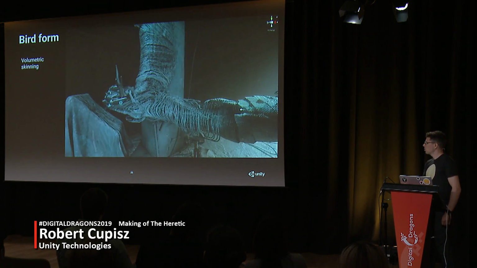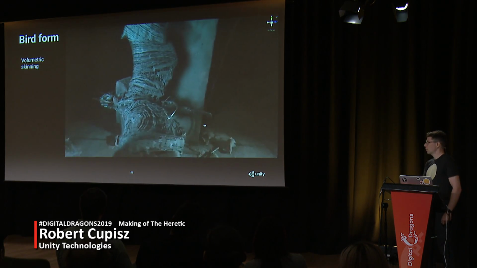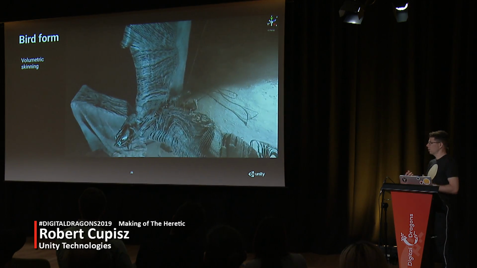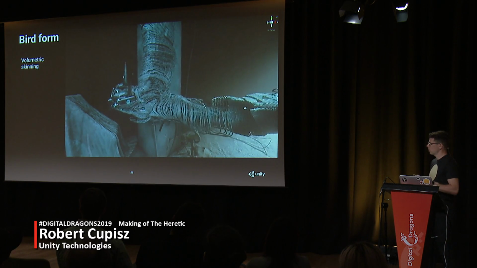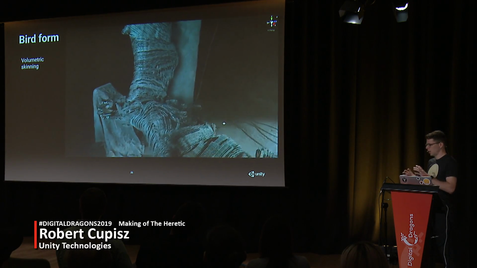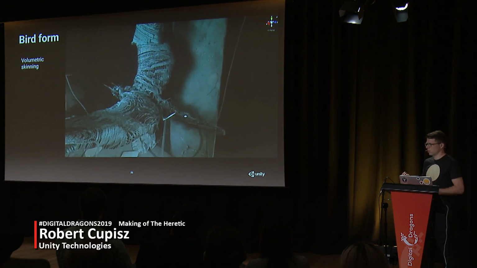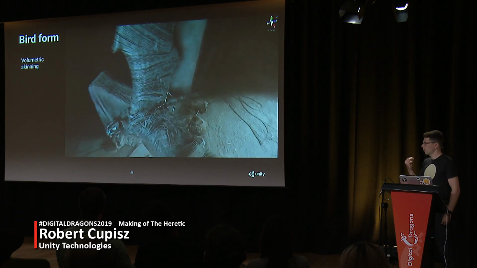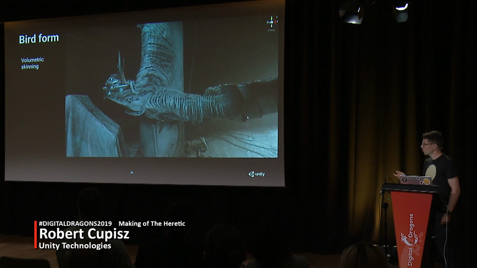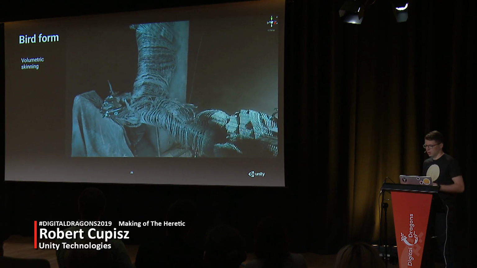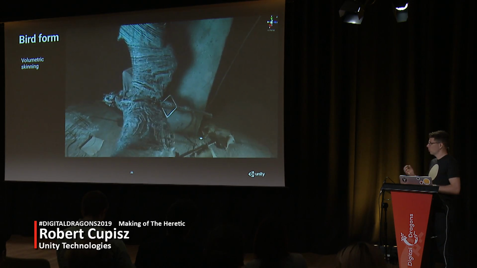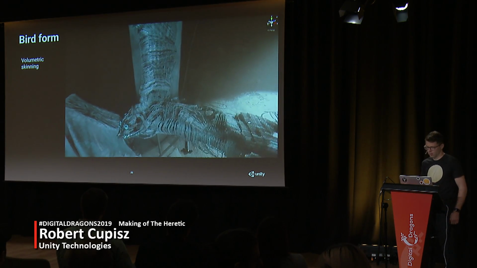And the last stage is to skin the thing. We can't use regular skinning because the wires can travel across the skin, so they don't have a fixed bone that they would have to follow. So instead, we have this volumetric skinning, where initially in the bind pose, in a volume of voxels, for every voxel we store which bone and bone weights this voxel is the closest to, and then later on, when the bird animates, we just look up for each point on the wire which bone and which weights this point should skin to, and that's how the skinning works.